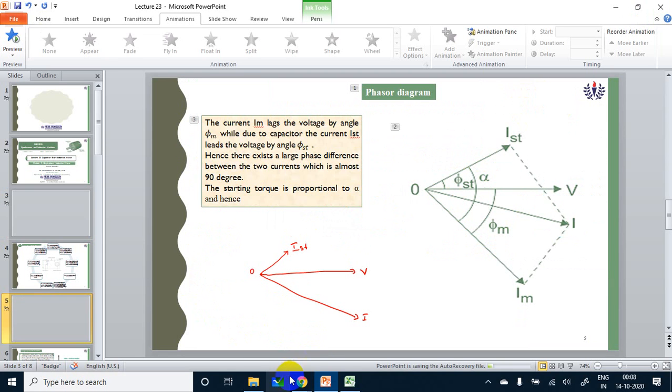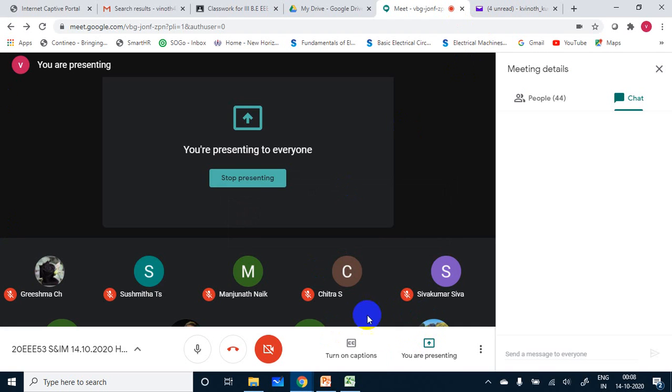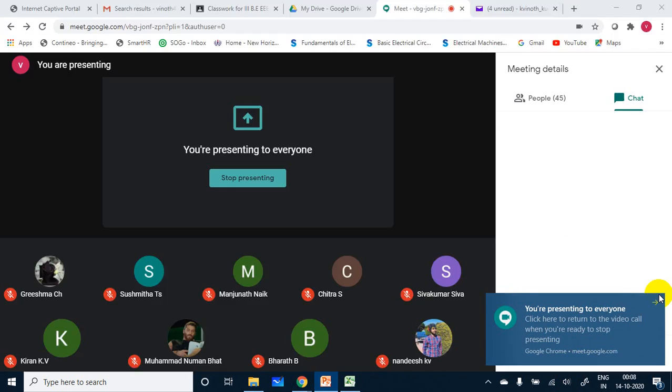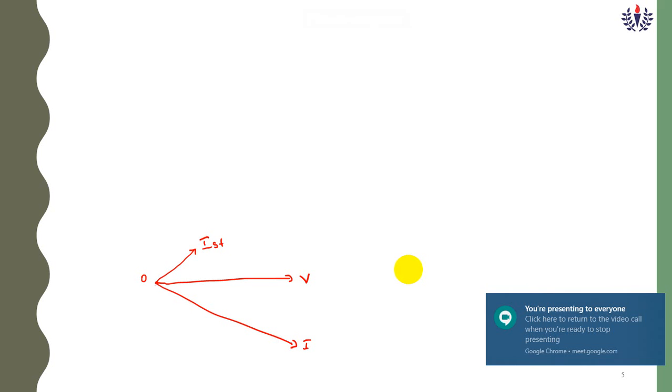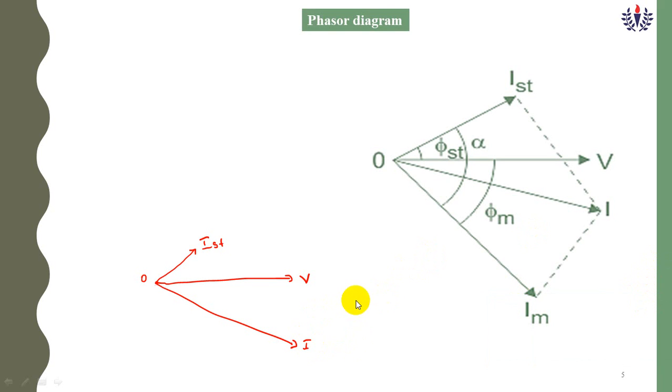Is the starting current lagging or leading? Can anyone tell me? Leading. Okay, good. The starting current is leading.